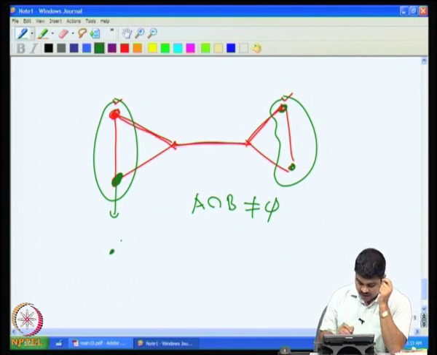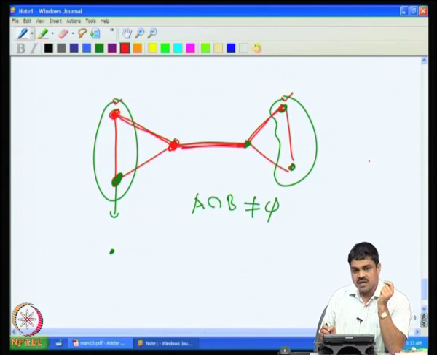This vertex itself, the singleton, is a path which contains only one vertex. Similarly, it's possible that B contains this and A contains this. Then this edge can be considered as an AB path. So, in other words, when I say AB path, I am not assuming that A intersection B is empty. There can be common vertices in A and B. In that case, each vertex in A intersection B is an AB path.